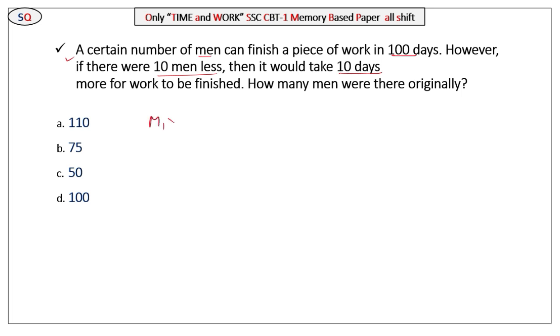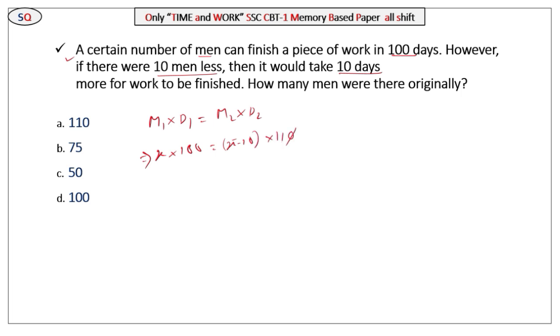Men into days equals M2 into D2. Suppose M1 is X, D1 is 100, and since it is 10 men less, we can take X minus 10 into 110.